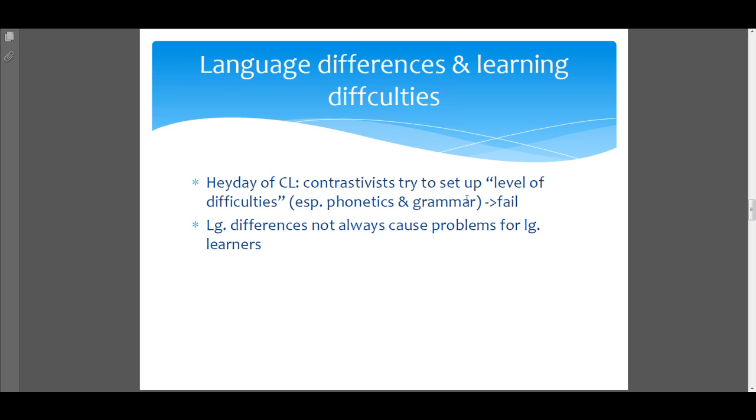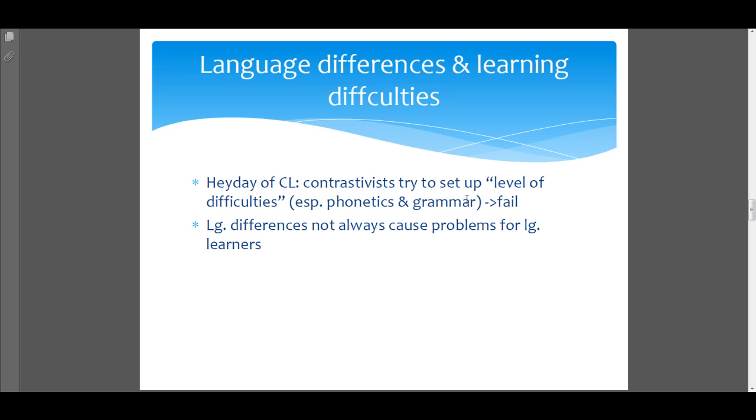Now, we should understand that when there are too many differences between two languages, that can cause a lot of difficulties for language learners.